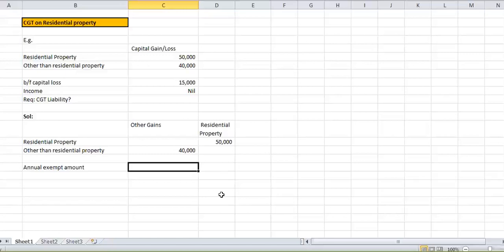The logic is very simple. The tax rate is higher on residential property, so we need to reduce the gains of residential property. Otherwise, we have to pay higher tax on the residential property. So the annual exempt amount is a fixed amount, so we will deduct it from gains of residential property.